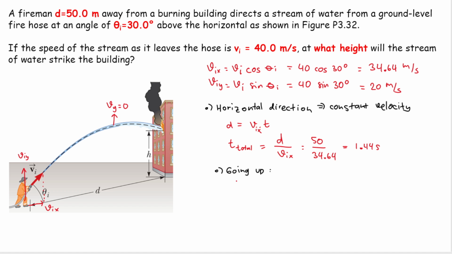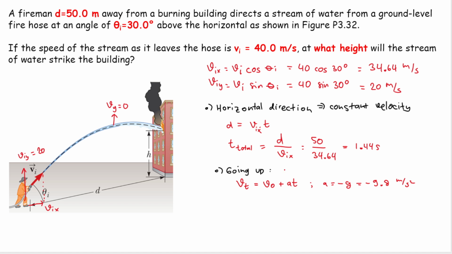So we will have Vy final, Vf, is equal to Vo plus at. But remember, when it is going up, the only acceleration that works is gravity, and it is slowing down the water, right? Because we have some initial velocity here, 20, and here it is 0. So we will have this a equal to minus g, or minus 9.8 meter over second squared.